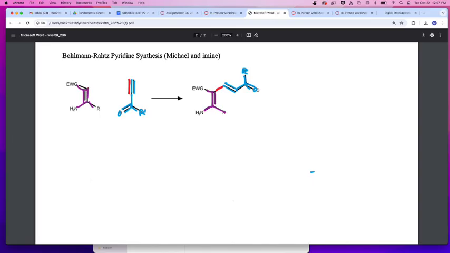So now the question becomes, how? So somehow we lost the hydrogen on the left and we gained another one.